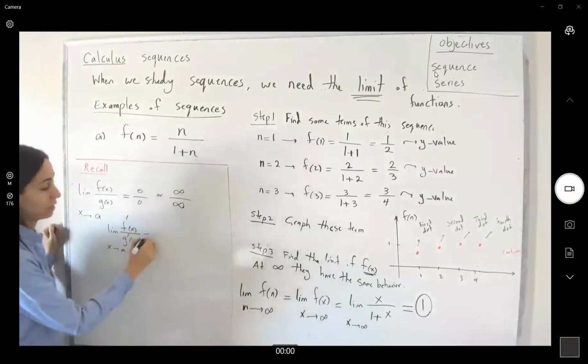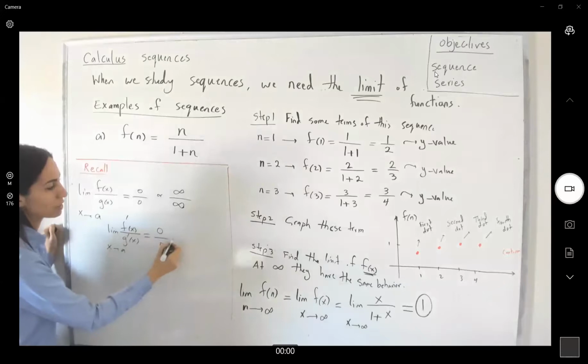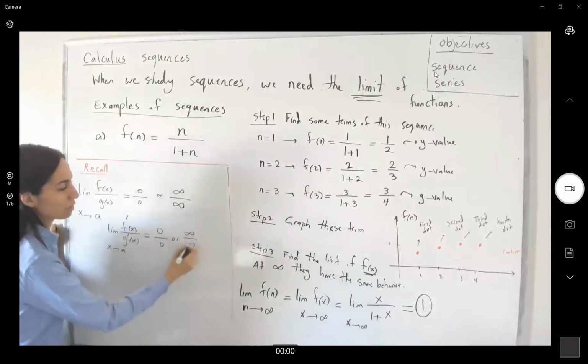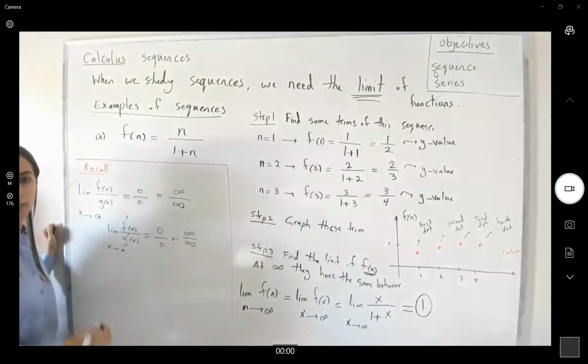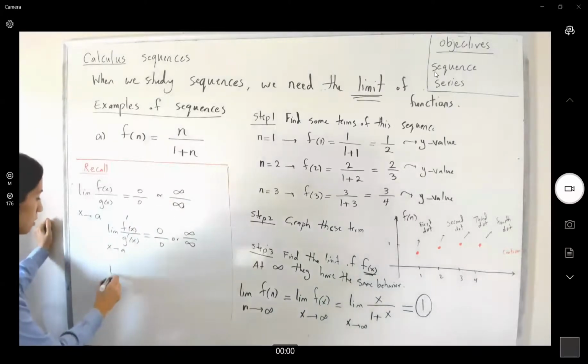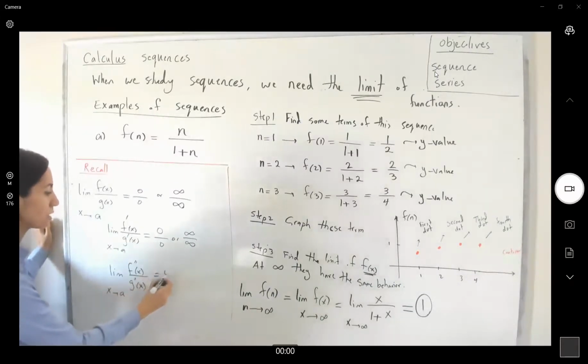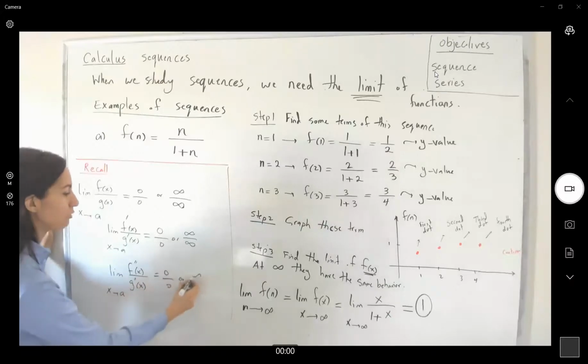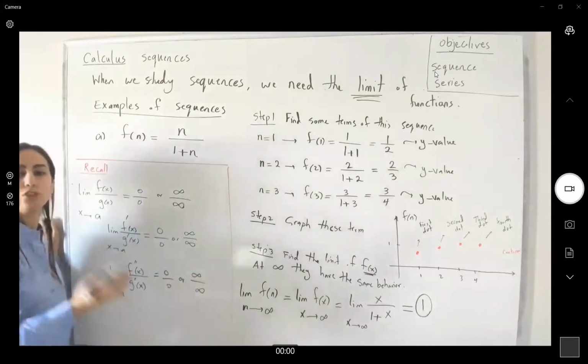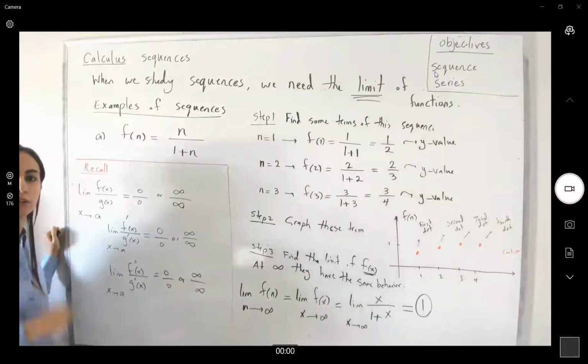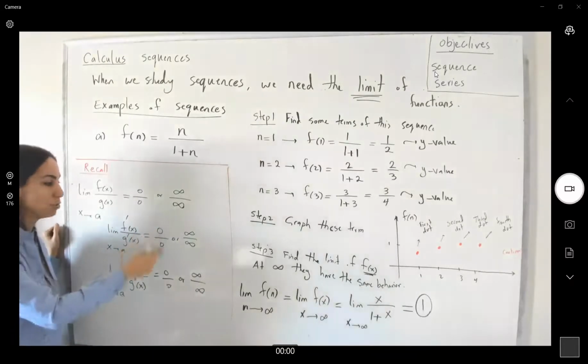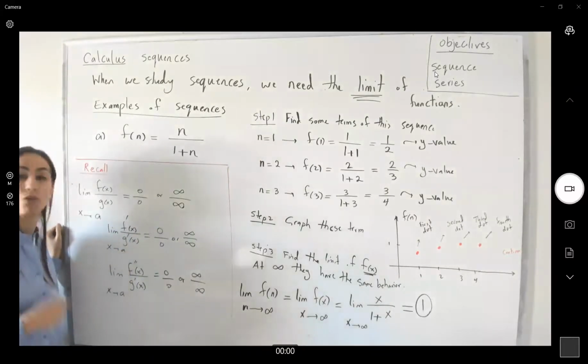And if this again is 0 over 0 or infinity over infinity, you continue this process by taking the second derivatives. L'Hopital's rule says continue taking the derivative until one of the numerators or denominators is not 0 or infinity.